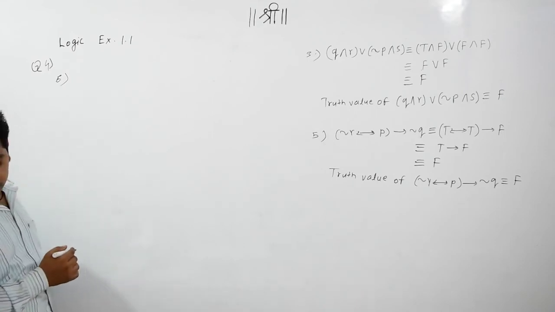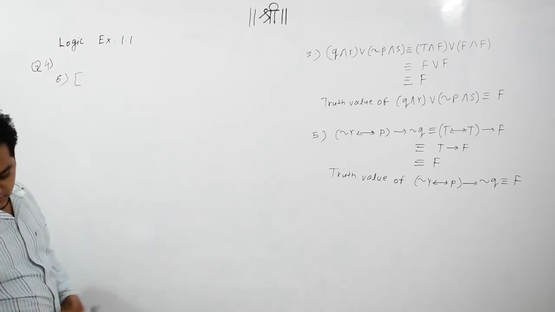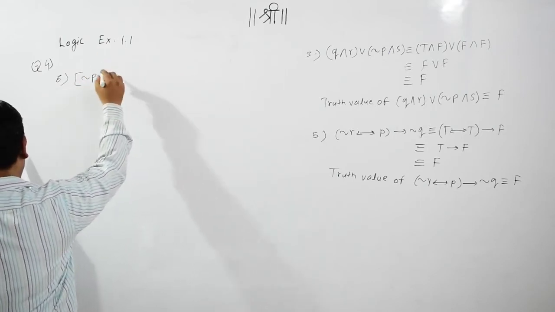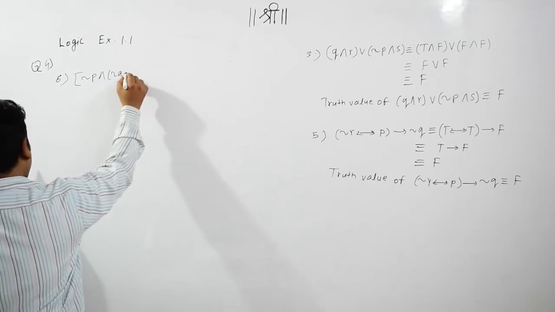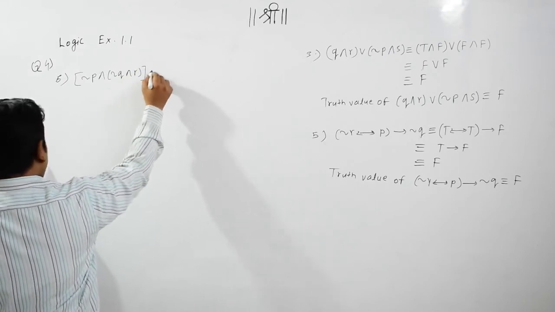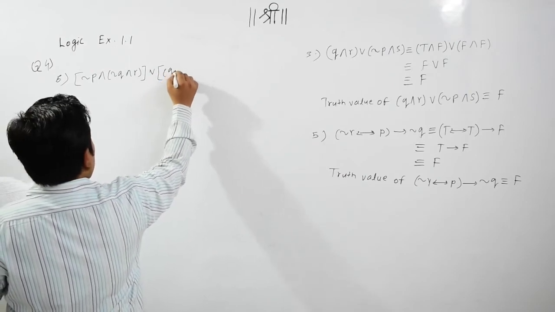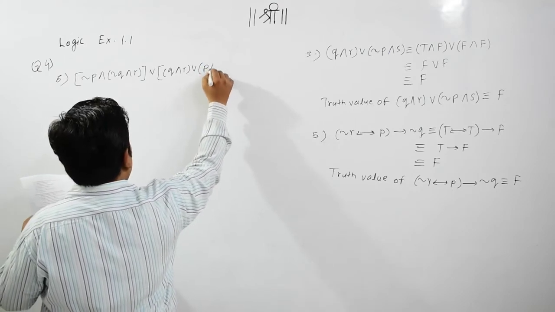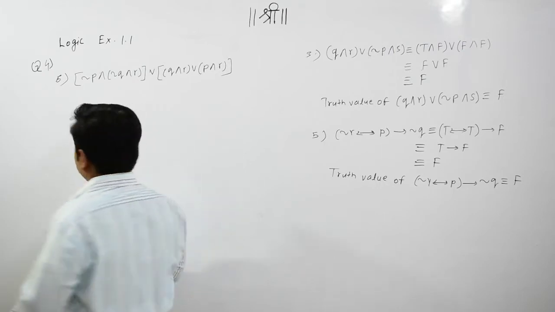Question number 6 says something like this: negation of P and Q or R, bracket completes, or Q and R. Find the truth value. This looks difficult, but it is actually easy. Just substitute the values properly.